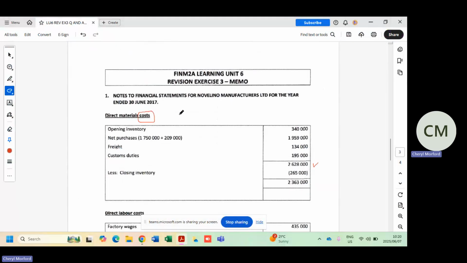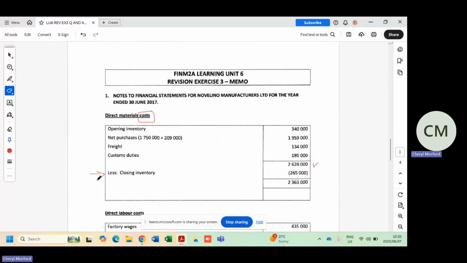However, I'm trying to find the cost of the direct material, and the cost relates to the amounts of the materials actually used. So let's see how this is going. We started with some opening stock. We bought 2 more lots. Our cost increased as a result of freight and customs duty. However, at the end of the period, down here, we still have stock of the raw materials. That means we haven't used them.